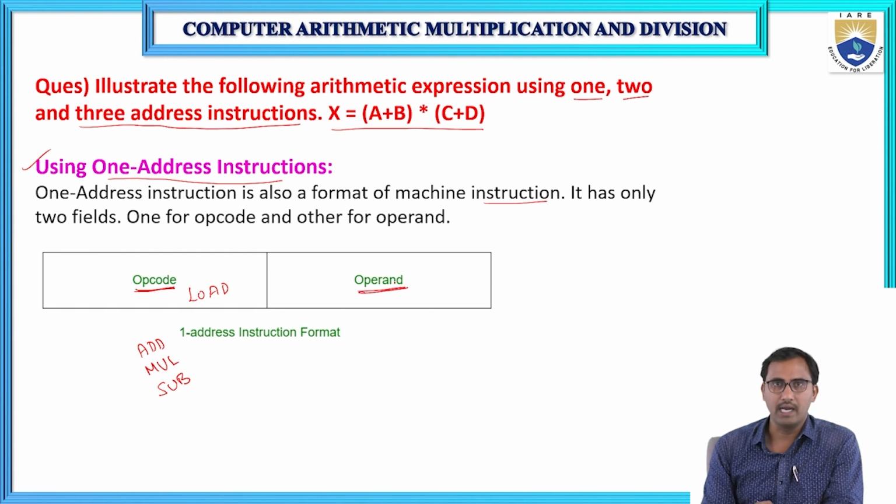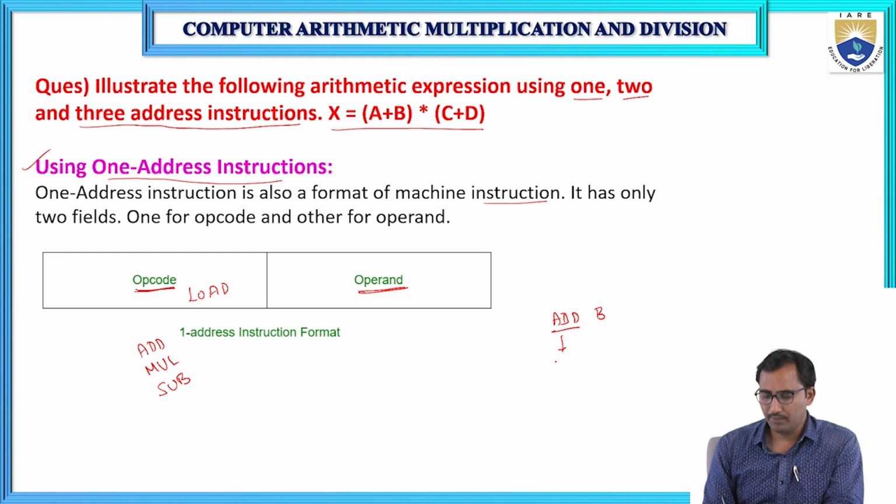And coming to the operand. Operand is nothing but the data on which we are performing the operation. Suppose you are performing an addition operation, add B is one of the examples of a 1 address instruction. So add B, that means what type of operation are we performing? Addition operation.